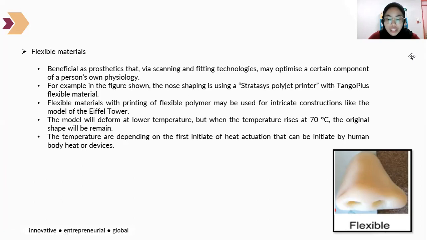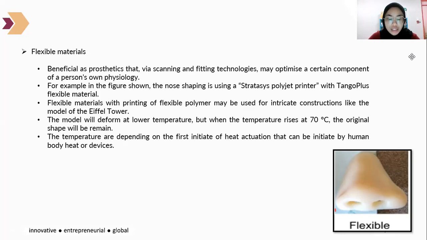For your information, the Tango Plus material had a 26 to 28 Shore A hardness, 0.8 to 1.5 MPa tensile strength, and 2 to 4 kg per centimeter tear resistance while having a feel similar to rubber. Flexible material with printing of flexible polymer may be used for intricate construction like the model of Eiffel Tower.